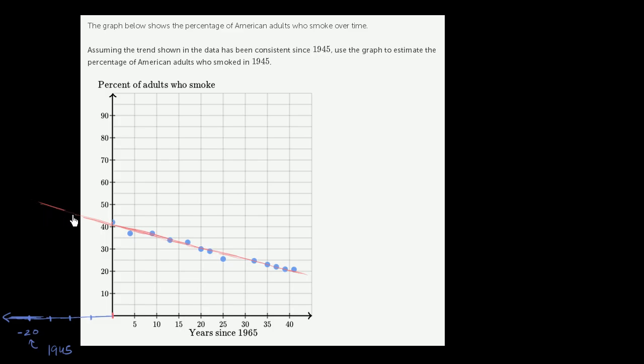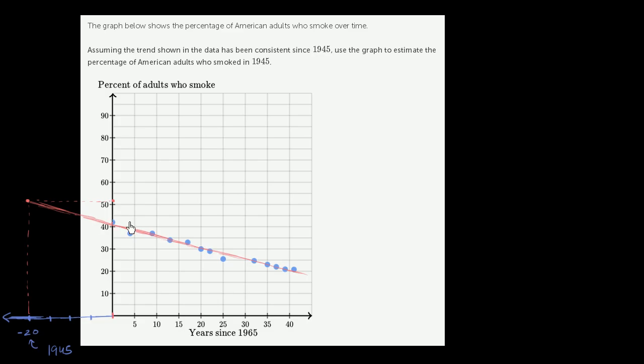I want to make sure it looks like the same rate right over here. And you could just try to eyeball it. You could say, well, 20 years ago, 1945, if I were to extend that line backwards, it looks like about 52% of the population was smoking. It seems like we're about 52% right over here.